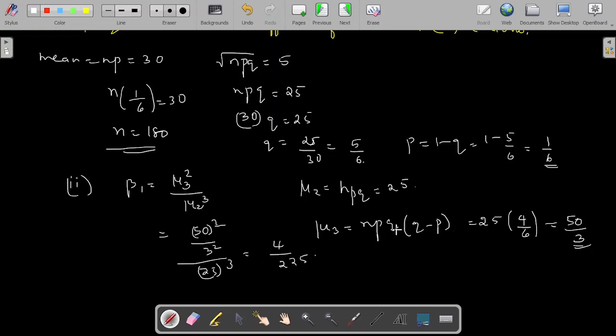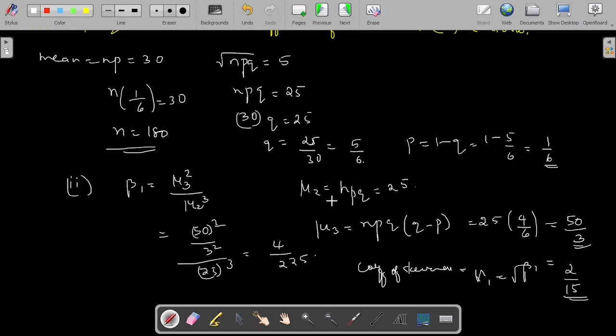Therefore, the moment coefficient of skewness, moment coefficient because it is in terms of moments, gamma 1, is square root of beta 1, which is equal to 2 divided by 15. Take the root of 4 by 225.